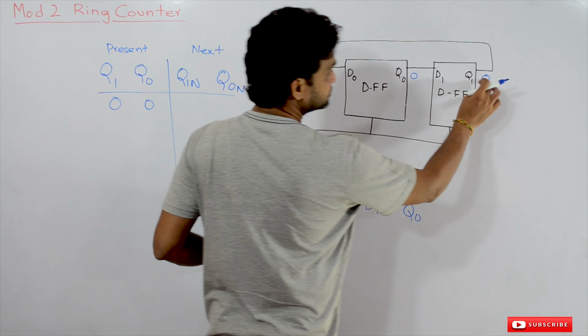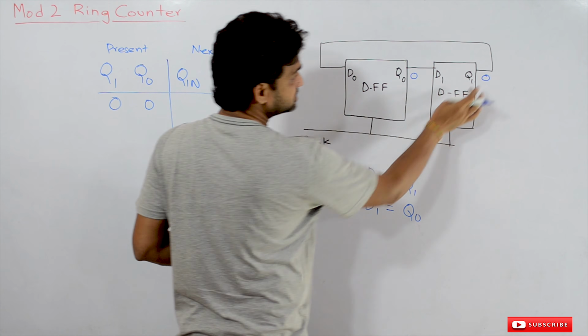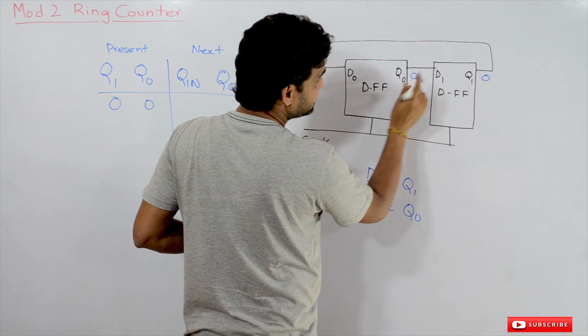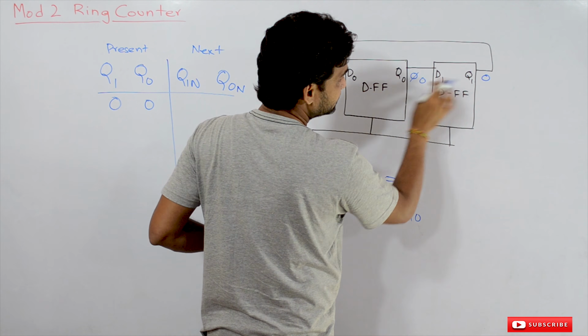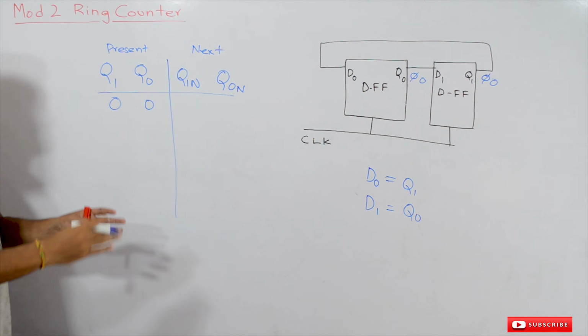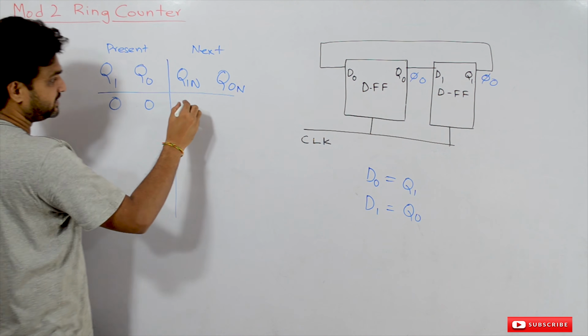It's very simple. Whenever the clock is provided, this is provided as the input to D naught, and this 0 will be here and this 0 will move here. So it is going to remain the same. It is going to be 0, 0 only.